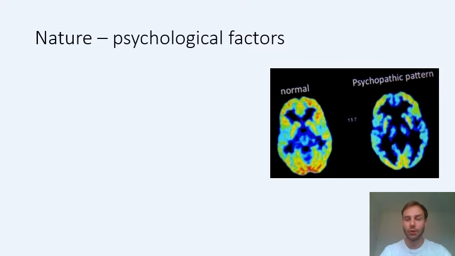Okay, so your next subtitle is Nature: Psychological Factors. What I mean by psychological factors is factors of the brain. The way that someone's brain is developed, the activity within that brain, we found differences between the brain patterns of criminals and the brain patterns of law-abiding citizens.